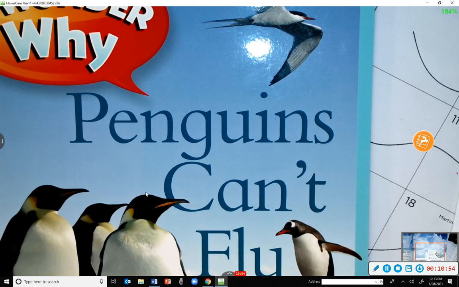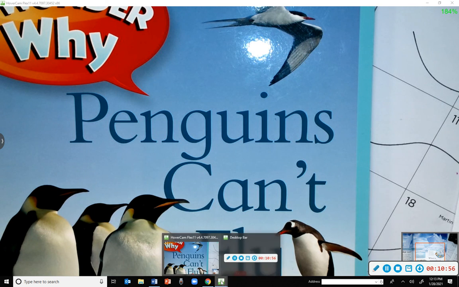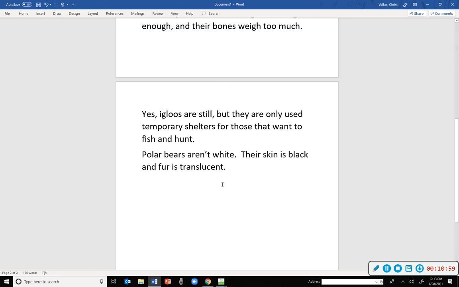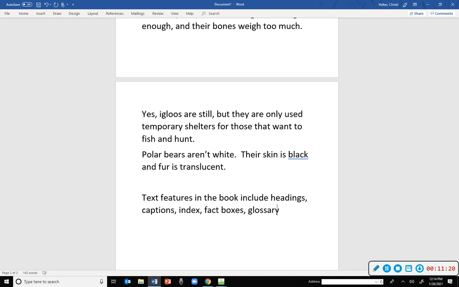Okay, so what is a text feature we observed in the story? Index. It has an index and a heading and a caption. Headings, captions, and index, fact boxes, glossary.